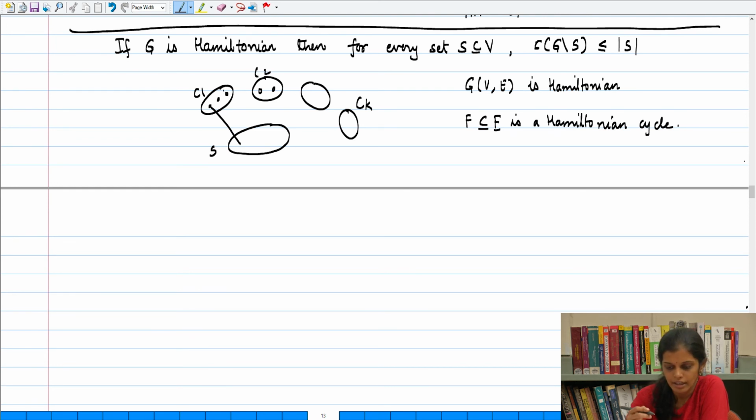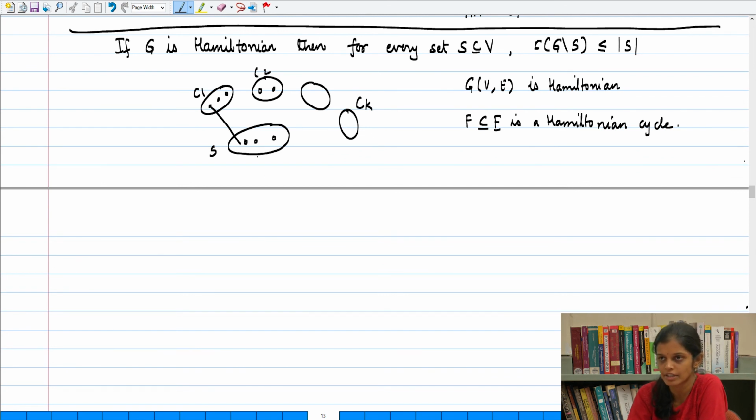So therefore it could be here, or it could be inside the component itself, right? So that is one observation. Similarly, this is true for every component, right? Similarly, let us look at the vertices in S. They are also present on the Hamiltonian cycle. So where are their neighbors in the Hamiltonian cycle? Again, either in S or in any of these C1 to Ck, because S has many options.